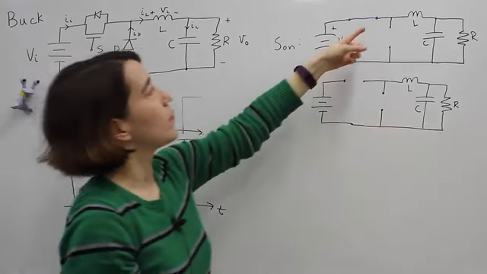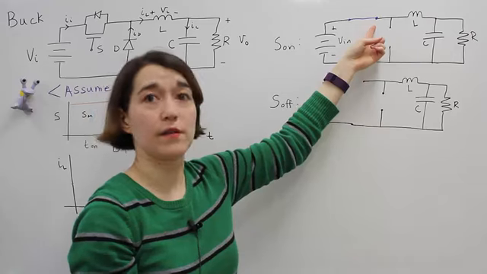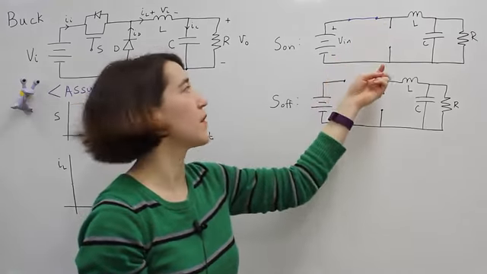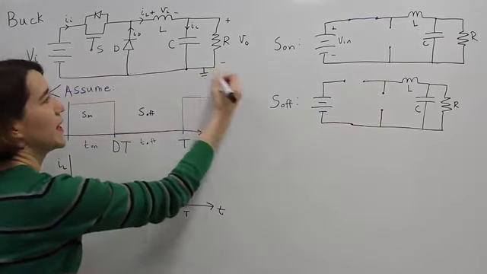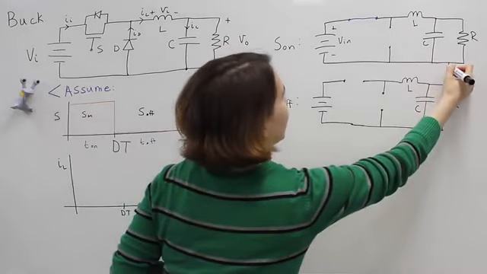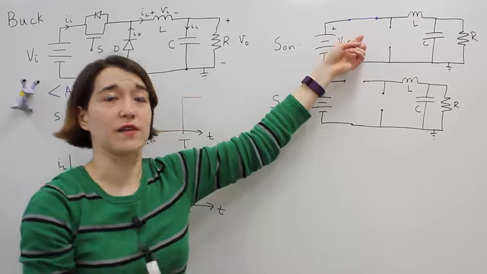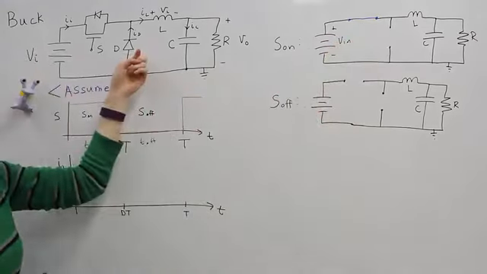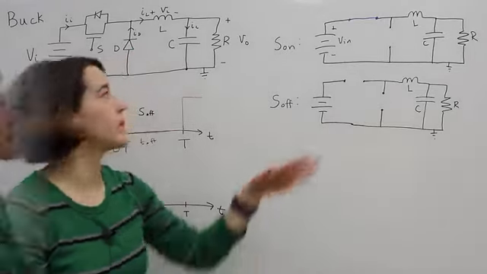Well, if we look at the voltages here, because this is on, the voltage on this node will be the same as Vin, and this voltage here will be ground. Again, we'll just add a ground for consistency. And you see the voltage across here, this will be high voltage, and this will be ground. And that means that this diode is reverse biased, meaning that it will not be on, so it'll be open.